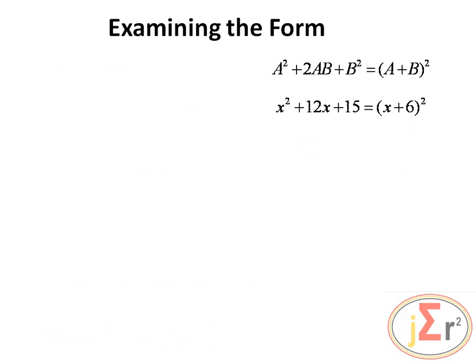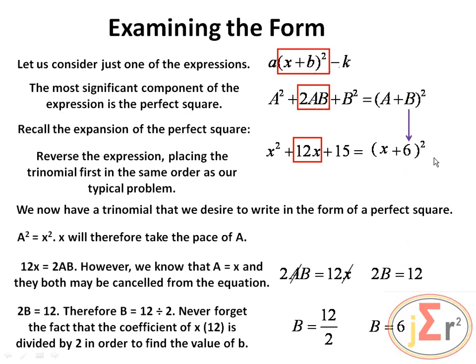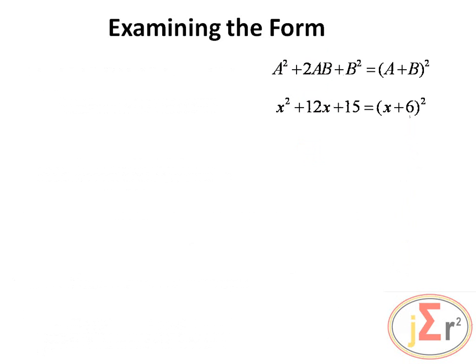But let's see if having a 6 here is the sum total of what we need. Remember that b is equal to 6. Square 6 and we get 36, not 15.